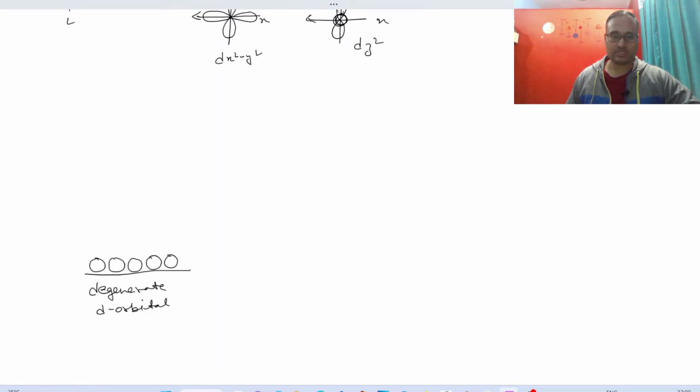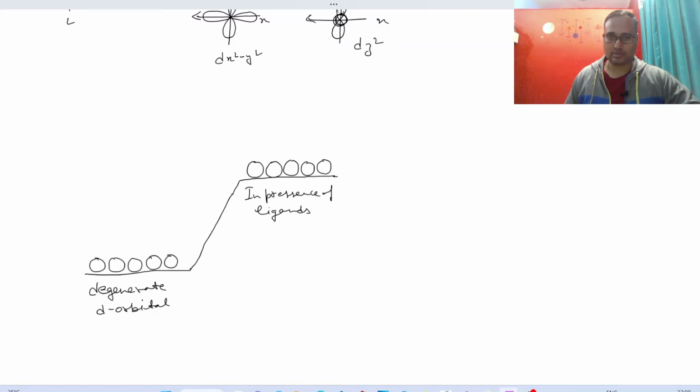Now, in the presence of ligands, the energy rises up. That is due to the repulsion between the electrons of the ligands and the electrons present in the d orbitals, so their energy rises up.